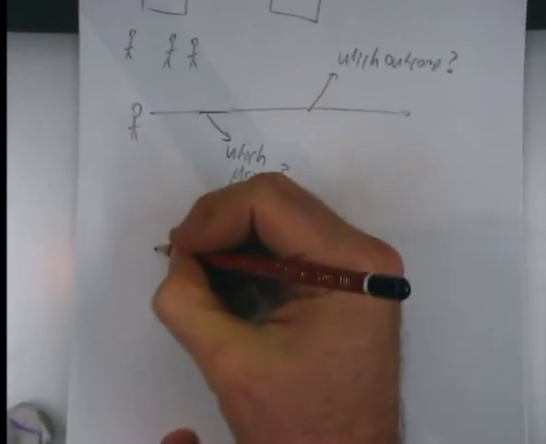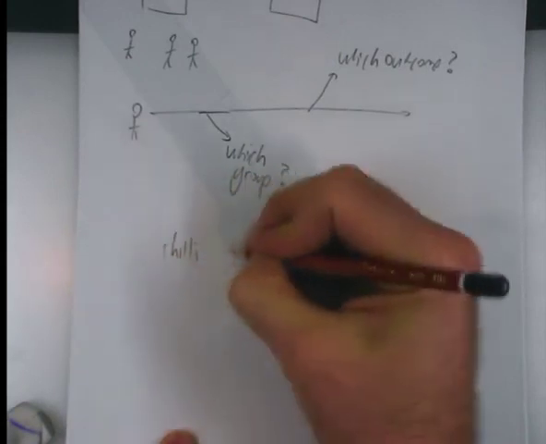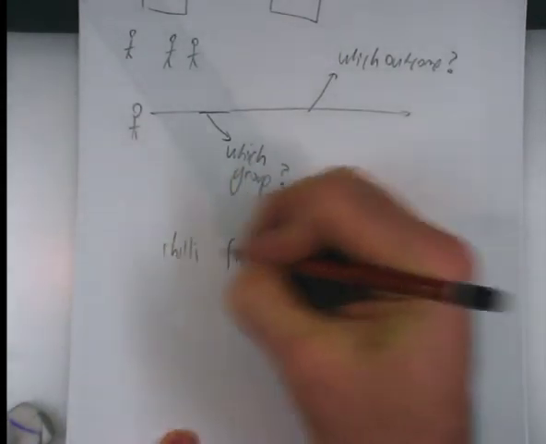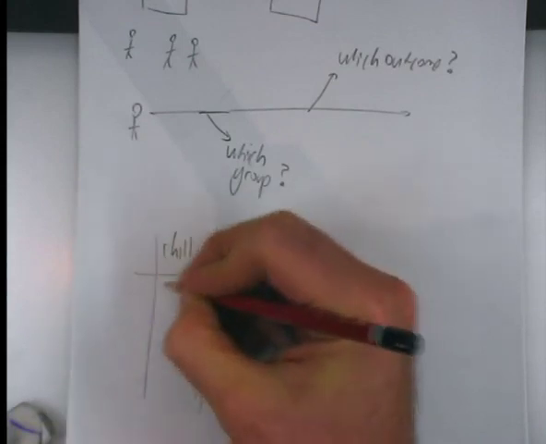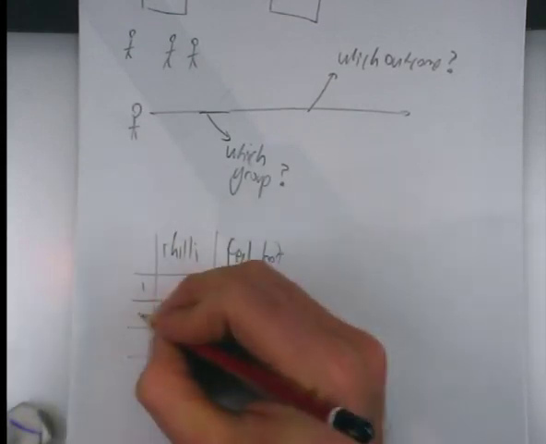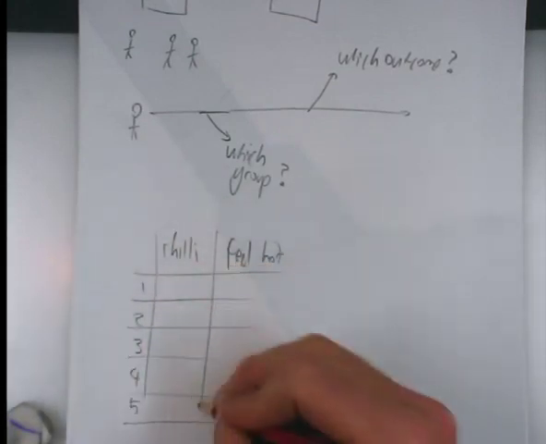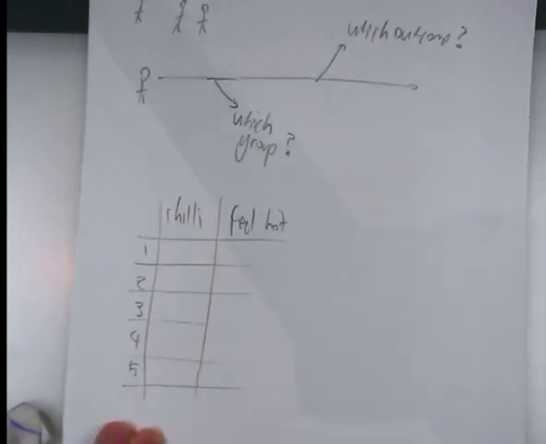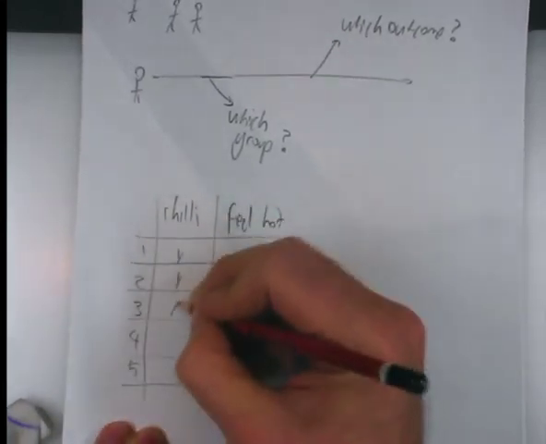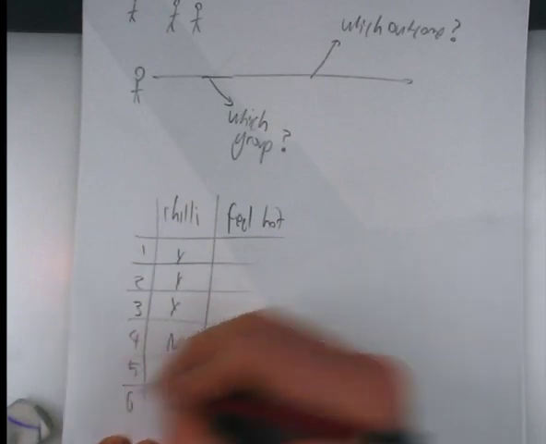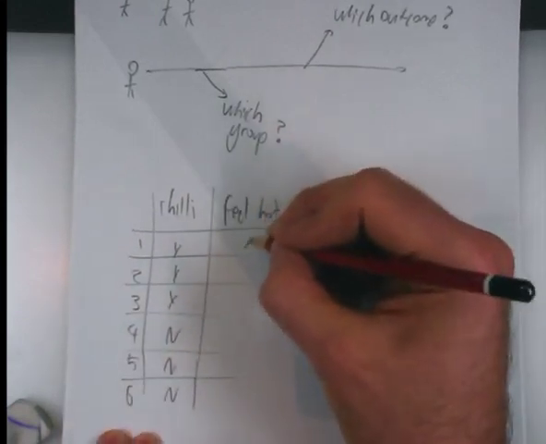So the data's the same. As for the unpaired t-test, you'll have a whole group that have yes and a whole group that have no, and then they'll have an outcome.